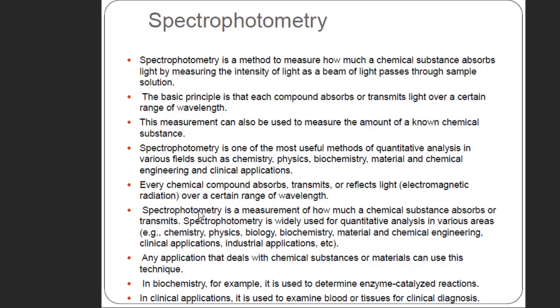Even you will also need a background of physics to understand this spectrophotometer, because here we are employing light, and for this we must know the characteristics of light. Characteristics of light means the nature, wavelength, wave nature of light. So you must know the characteristics of electromagnetic radiation as well.